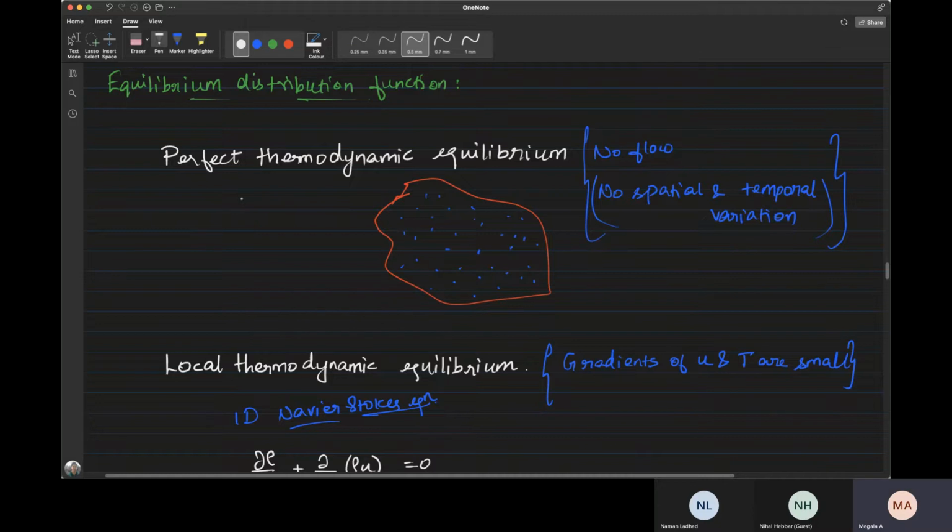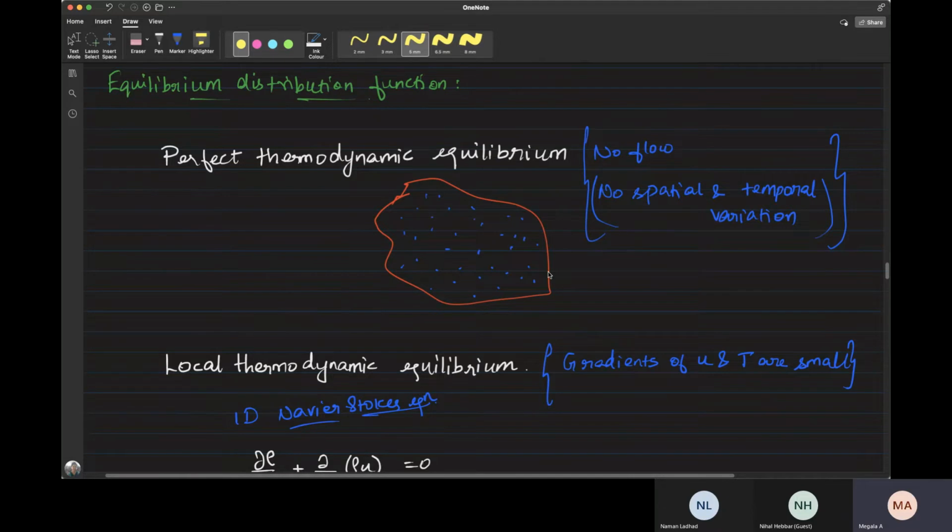That means that your system is untouched. Nothing moves inside your system. Your system is kind of steady. So there's no flow and there is no spatial and temporal variation. That's what is meant by perfect thermodynamic equilibrium.